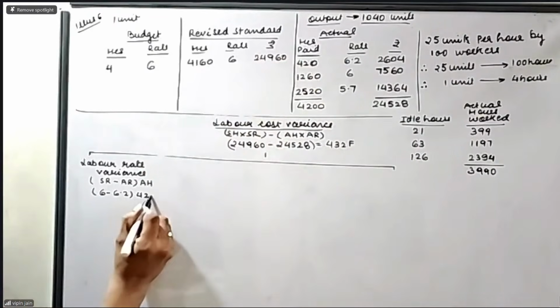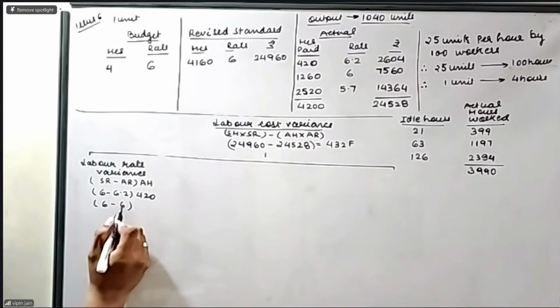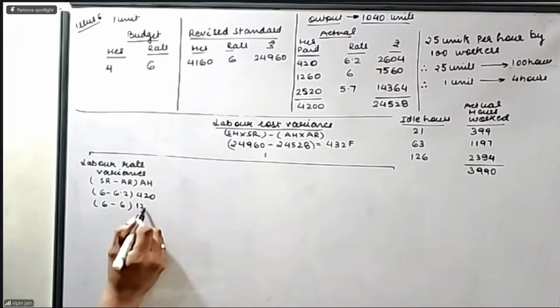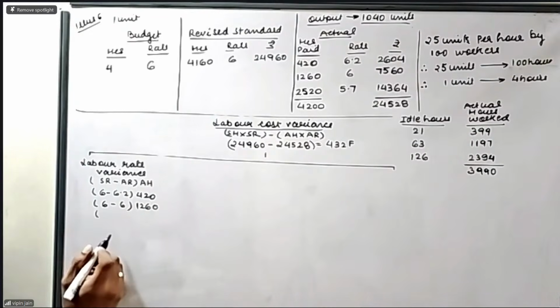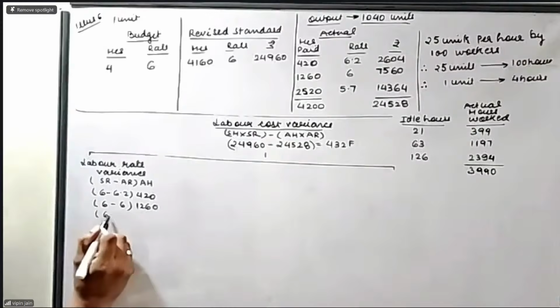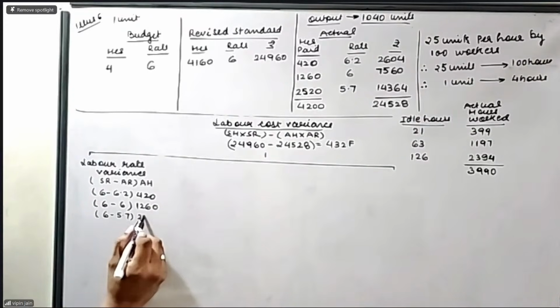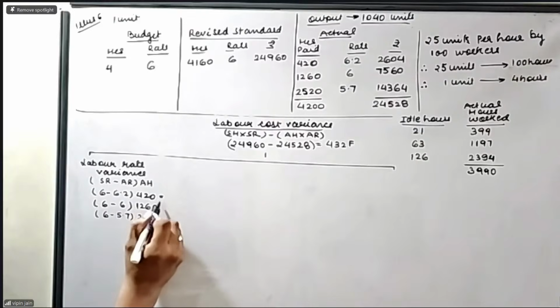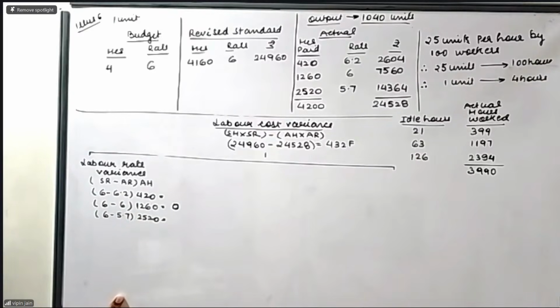Very good. Next, 6 minus 6 into 1260. Next, 6 minus 5.7 into 2520. So what will be the amount? This will be zero, I know. Rest, this will be how much?